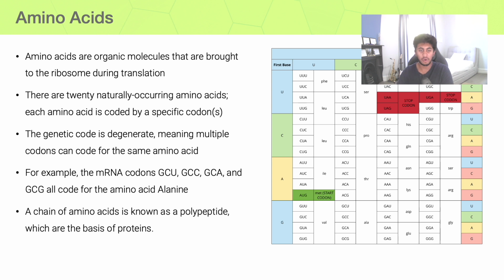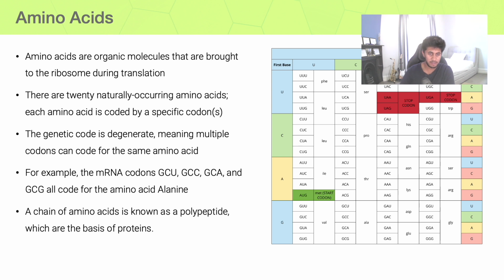So there's 64 combinations and only 20 amino acids. So this concept of degeneracy really makes sense if you think about it mathematically. For example, the mRNA codons GCU, GCC, GCA, and GCG all code for the amino acid alanine. And again, you don't need to know this, it's just an example.